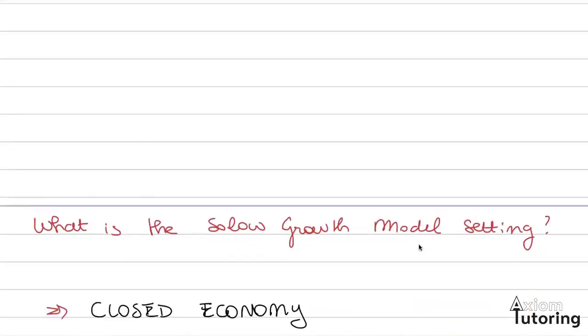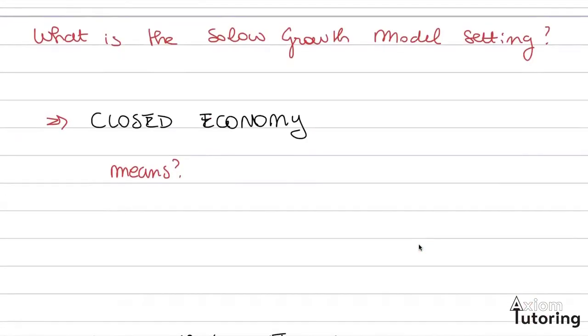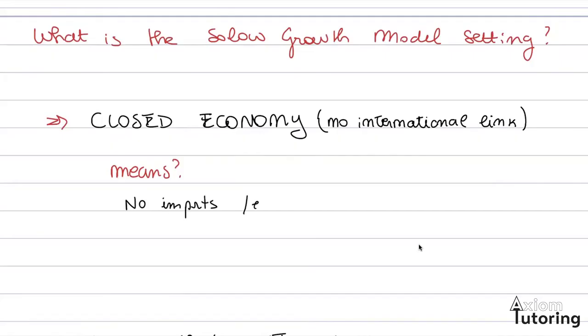So let's begin by looking at a couple of fundamental assumptions that stay within the Solow model. First of all, we're looking at a closed economy. So we are looking at an economy where there is no international link, there is no trade, for example. Specifically, what this implies is that there are no imports or exports, and at the same time, there is no international capital flow.